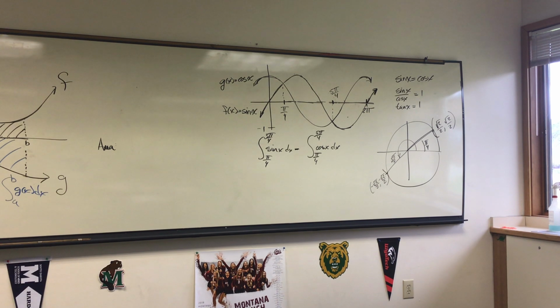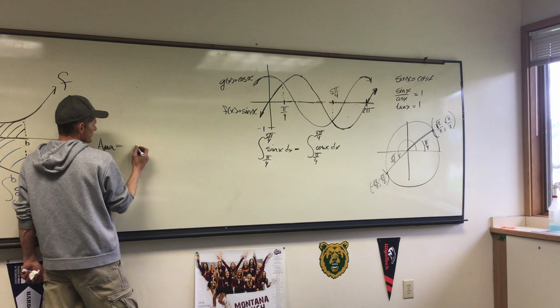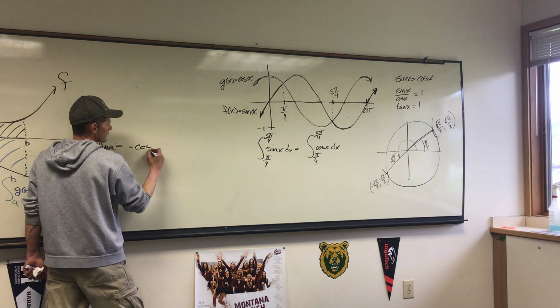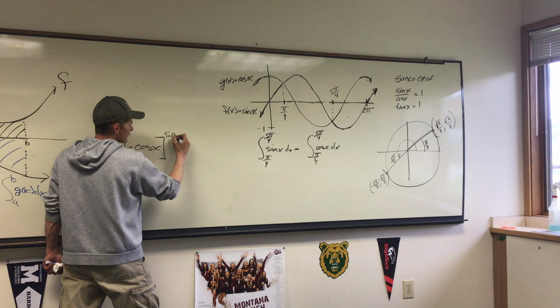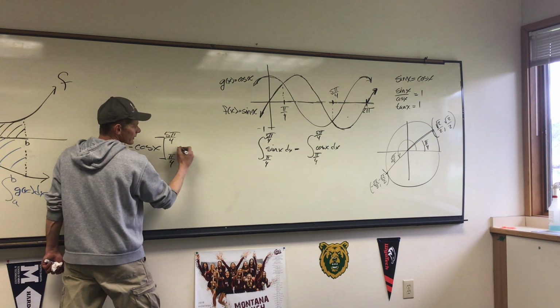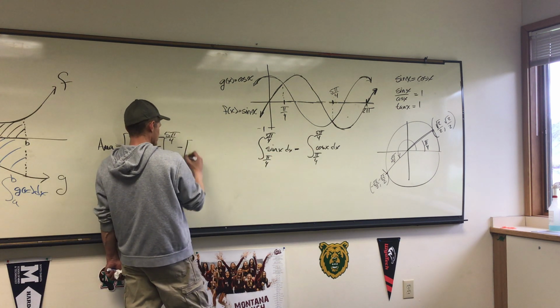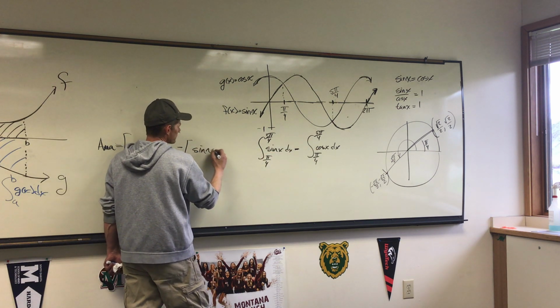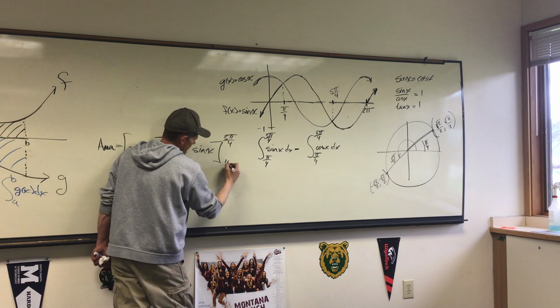The area is equal to the antiderivative of sine, which is the opposite of the cosine of x, evaluated at both 5 pi over 4 and pi over 4. Then we subtract the integral of the cosine, which is the sine, the antiderivative, excuse me, and we evaluate that at 5 pi over 4 and pi over 4.